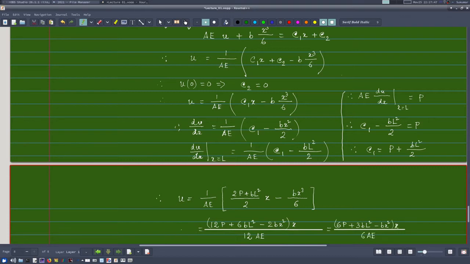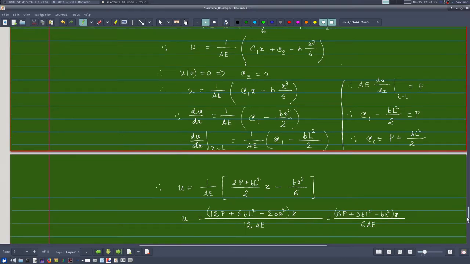So this is my value of U in terms of X. And we see that this U varies cubically with X, because the highest order of this term is X cube.